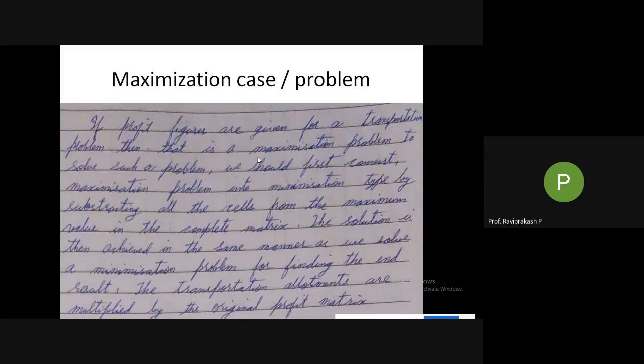We need to find the maximum value in that particular profit matrix they have given, and subtract that value throughout the matrix. Then the solution is achieved in the same manner. Then we have converted it into a minimization matrix. Then, as usual, like a normal minimization matrix, we solve the problem for the initial basic feasible solution.